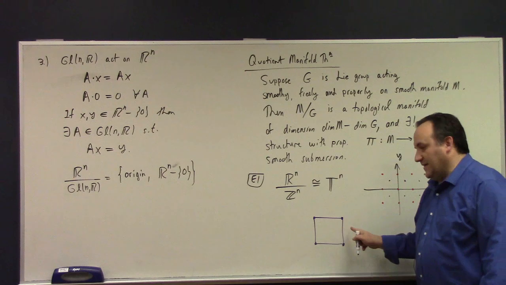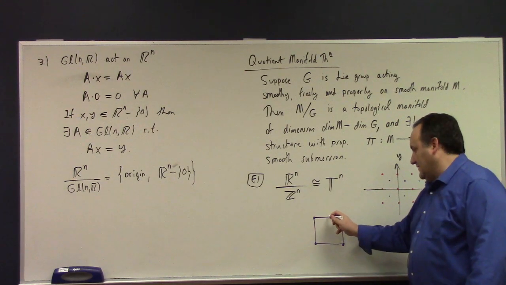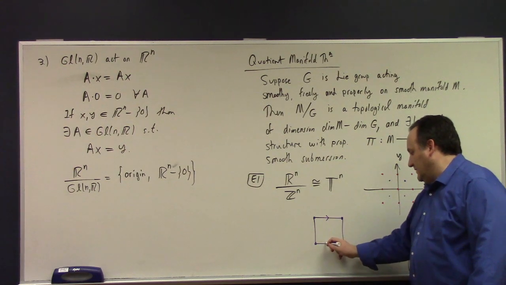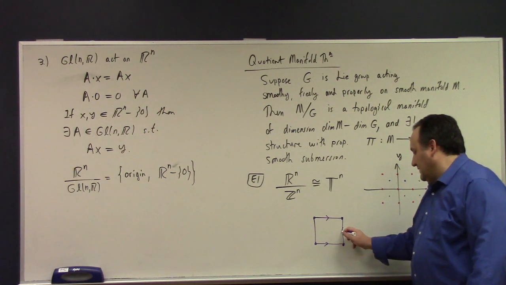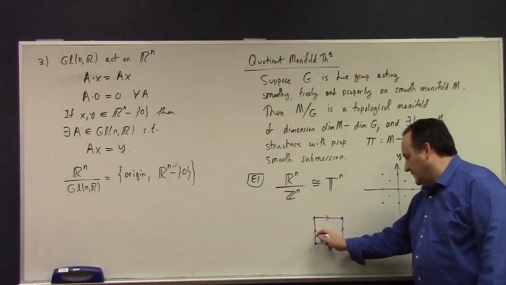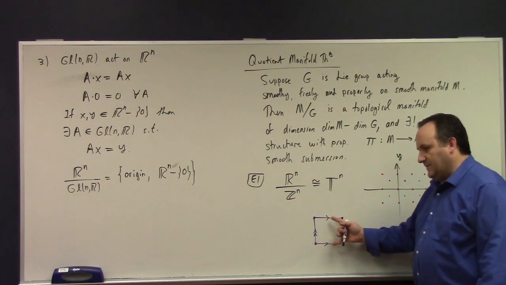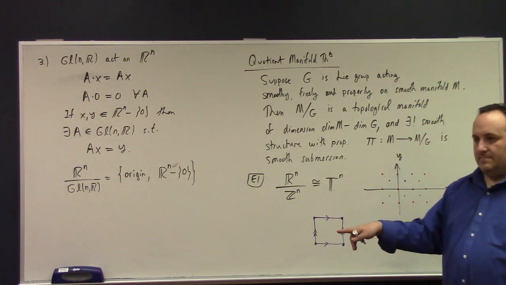And these are related by a shift of (1, 0), which is in the integers. So the way you can denote that is like this. This guy is the same as that guy. Usually they use two marks. So this is code for these are identified, these are identified.